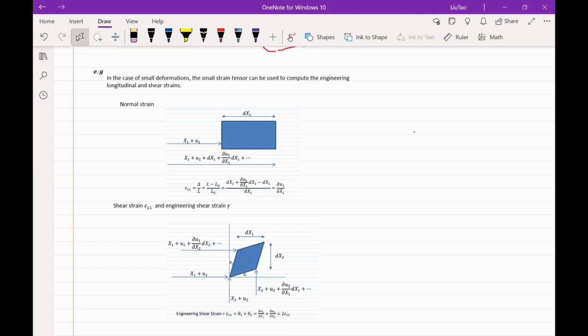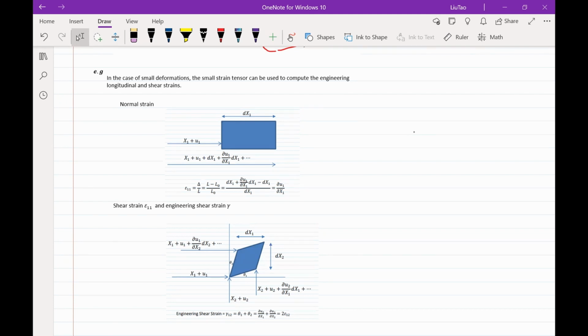So in the case of small deformations, the small strain tensor can also be used to calculate engineering longitudinal and shear strains. Let's take a look at an example of a normal strain.